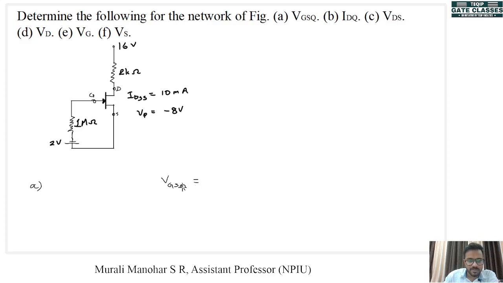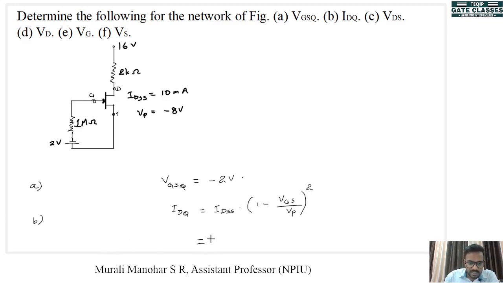So we know the value of VGSQ. This is fixed bias, so VGSQ equal to minus VGG, which is minus 2 volts. Now ID, or IDQ, both are same, is given by IDSS into 1 minus VGS divided by VP the whole square, right?